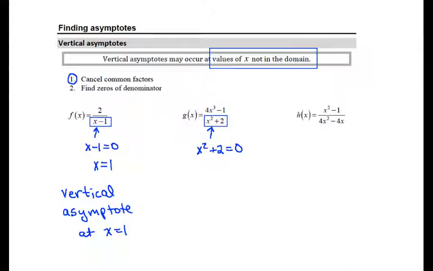Setting that equal to 0, maybe I would try the square root method, but I would soon realize that these solutions are imaginary. If these aren't real numbers, then I really can't plot them in a Cartesian plane. I can't plot them anywhere on the number line. That's really the definition of a real number, is something that you can plot on the number line. And therefore, this has no vertical asymptotes.